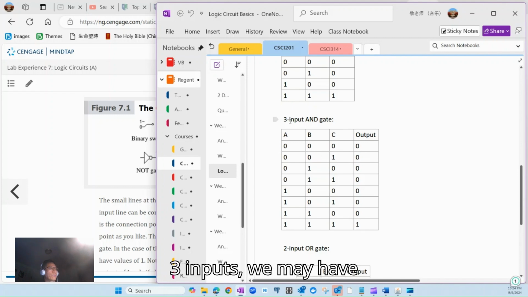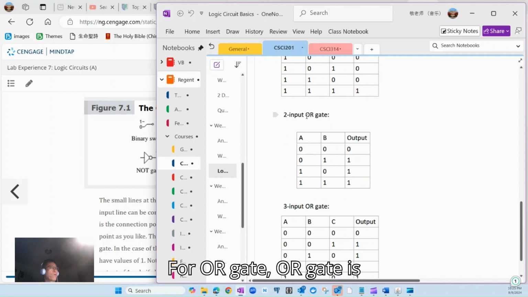For three inputs, we have 8 possible combinations of the inputs A, B, C. So we list from the lowest, 0 0 0, to the highest, 1 1 1: 000, 001, 010, 011, 100, 101, 110, 111. And only when all inputs are 1, the output will be 1.